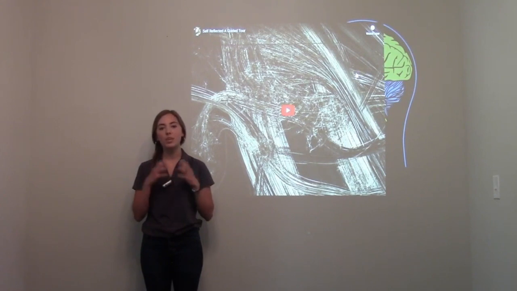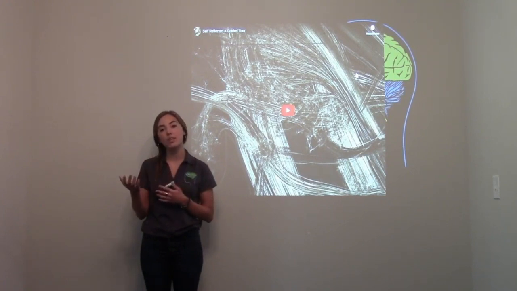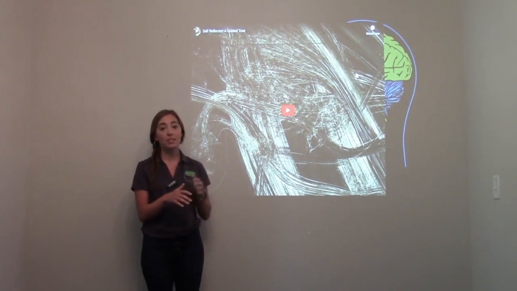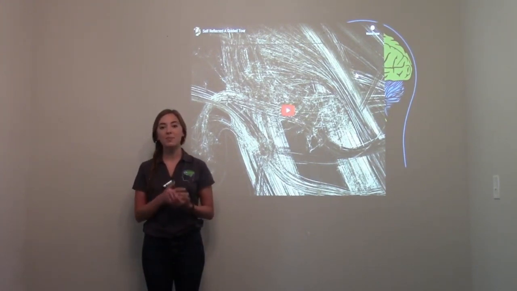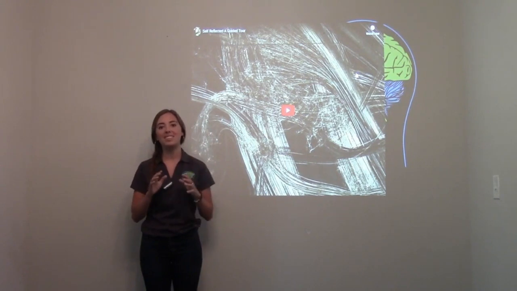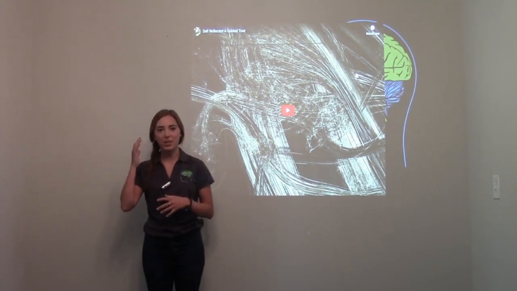But I want you to keep in mind as we're going through it and simplifying some things in these pathways to be able to use them clinically, that our brain is so complex, and it's a really beautiful thing. So know that yes, when we're doing a complex movement on the right, we're activating the right cerebellum and the left brain, but it doesn't mean that our right brain isn't doing anything.